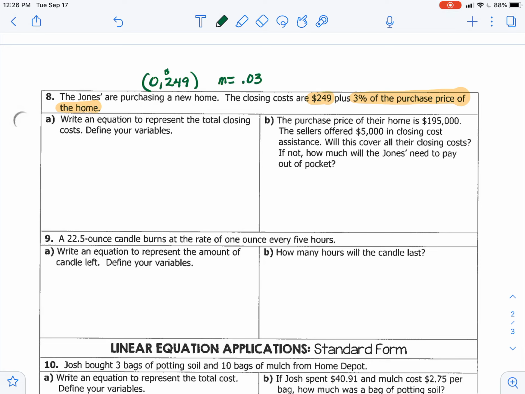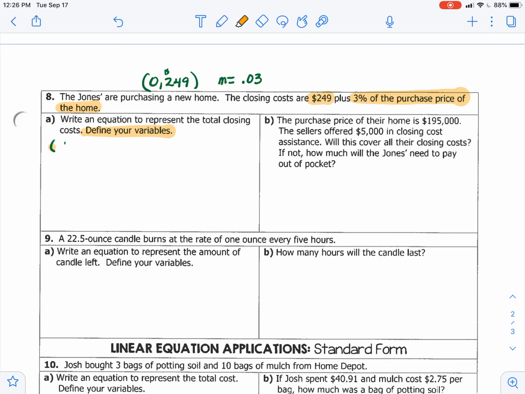okay? So down here, it says to identify your variables. So if you look at it, the two things that I'm talking about is the purchase price, okay? So given a purchase price, and I'm going to use P for that.